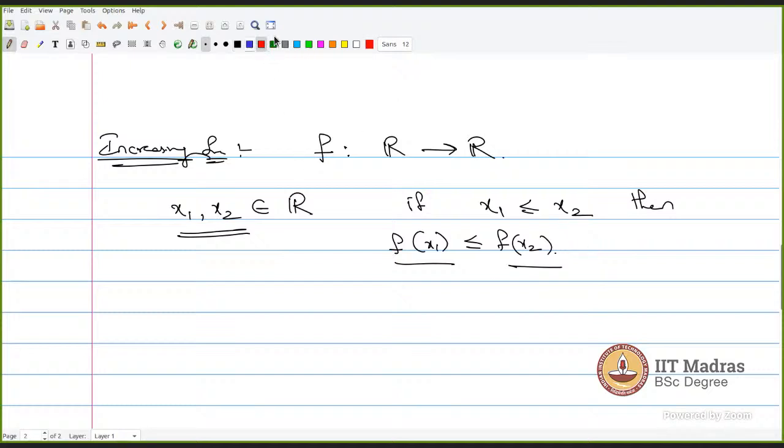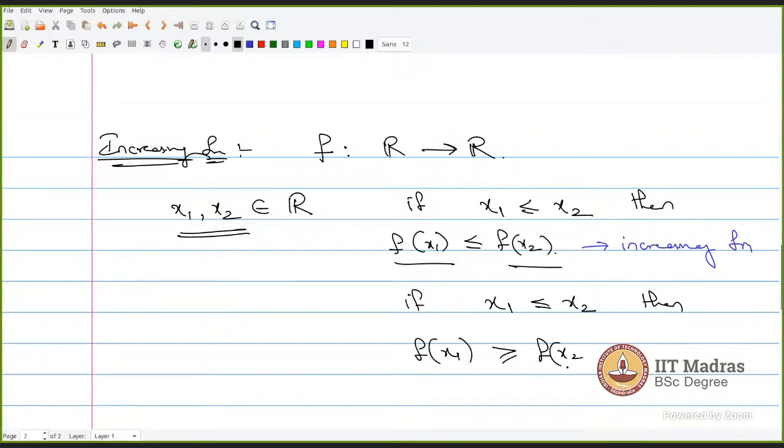Same thing, if x1 is less than x2 and I get f of x1 greater than or equal to f of x2, then it is a decreasing function, the opposite of an increasing function.